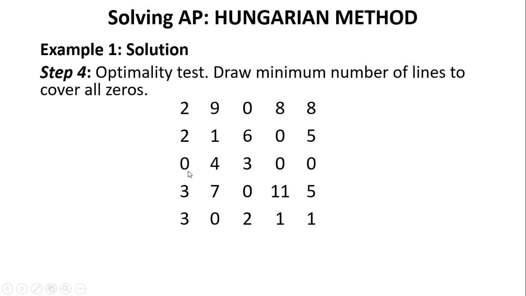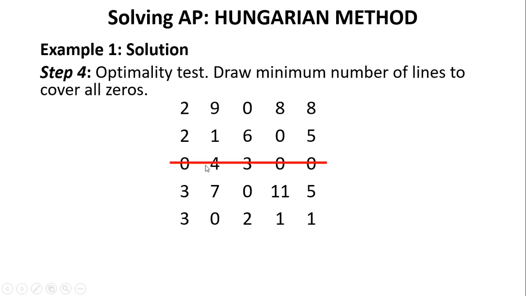For instance, this row has 3 zeros, while the other rows have 1 zero each. If you go column-wise, this column has 2 zeros, this one has 2 zeros, and this one has 1 zero. So this row has the maximum number of zeros, and we need to cross it first.